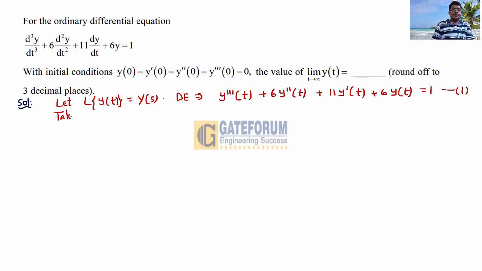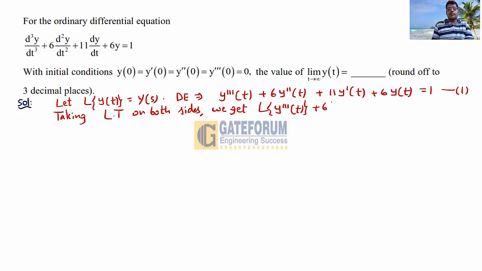So taking the Laplace transform, LT stands for Laplace transform, on both sides of equation 1, we get L of y triple dash t plus 6 times L of y double dash t plus 11 times L of y dash t plus 6 times L of y of t is equal to L of 1.